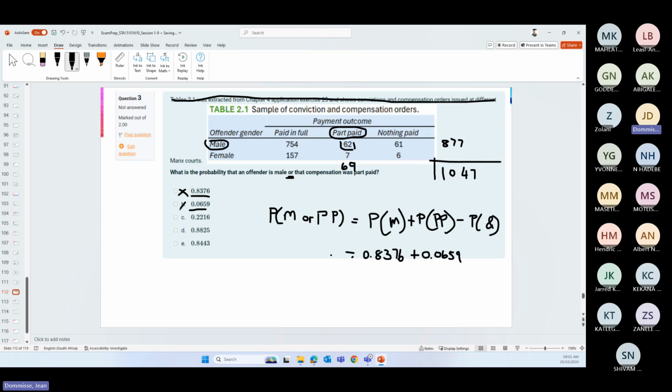So it's not that one. Then minus 62 divided by 1047, which is 0.05922.